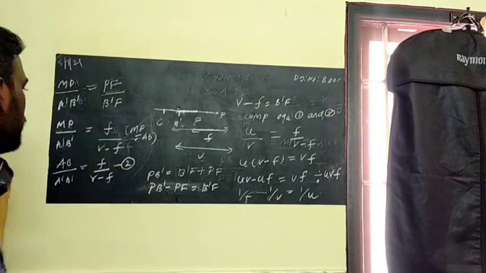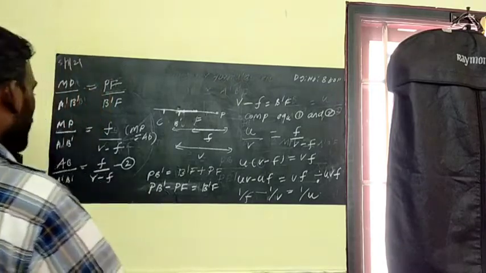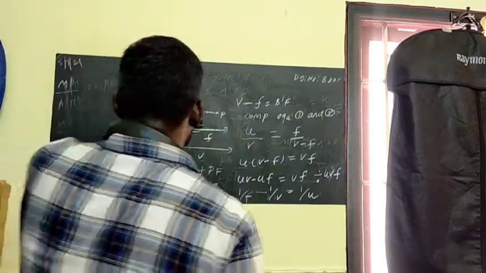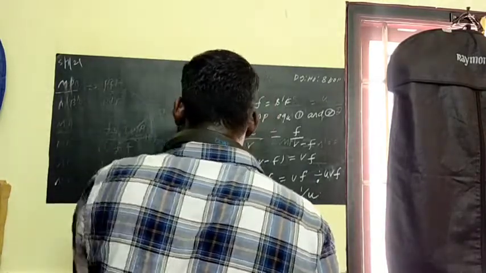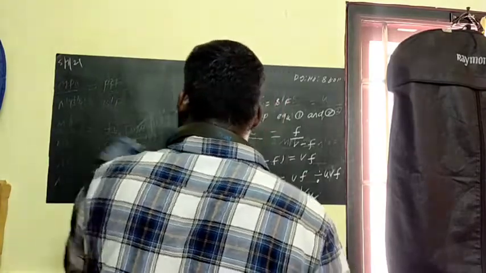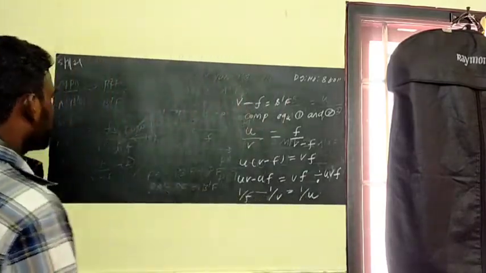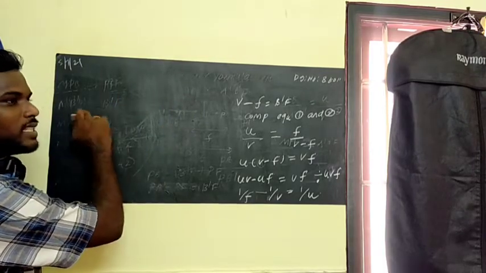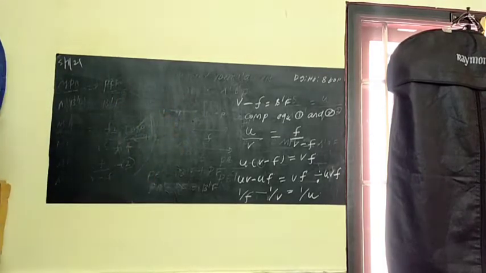Is that clear? Now we want to apply the sign conventions. I placed the object in the left side, and the incident ray is coming from left to right.